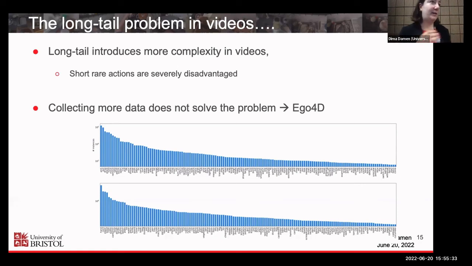Why am I passionate about egocentric? Because I think what it tries to address is the problem of untrimmed video, not edited video. An untrimmed video introduces a lot more complexity than edited video. I know we use the word video, but edited and unedited are different worlds. I think unedited has more problems, but at the same time, it also has some solutions.